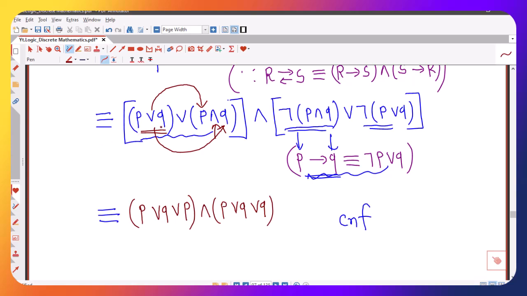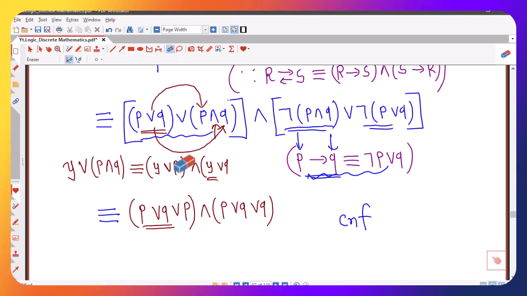We can consider P or Q equal to say Y, then we have Y or (P and Q). This we can rewrite as (Y or P) and (Y or Q), and then we replace Y by P or Q, that is (P or Q or P), and (P or Q or Q). So this is using the distributive law.